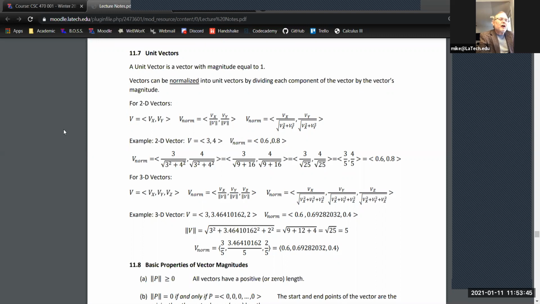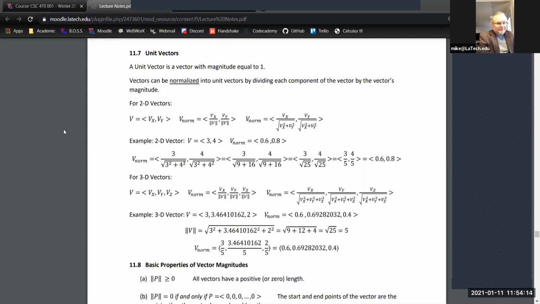That's 25. Take the square root of 25, that gives you 5. So that's the length of the vector 3, 4. So the line segment from 0, 0 to 3, 4 will have a length of 5. If you take 3 and divide by 5, that'll give you 0.6. You take 4 and divide by 5, that'll give you 0.8. So the normalized version of the vector 3, 4 is the vector 0.6, 0.8. Okay?